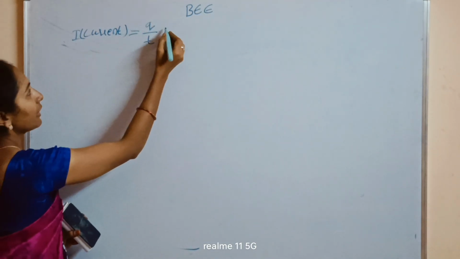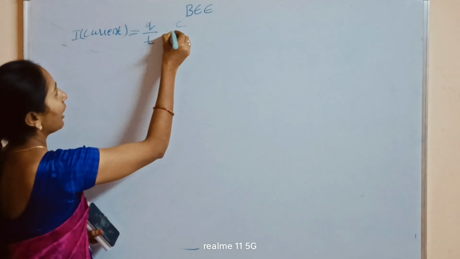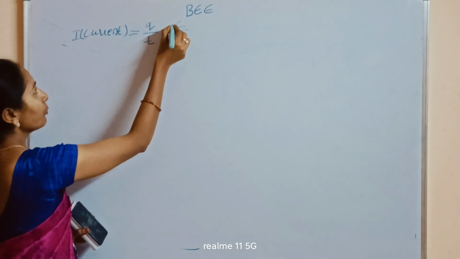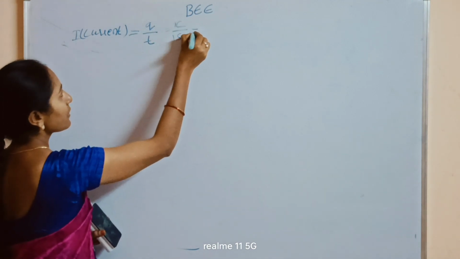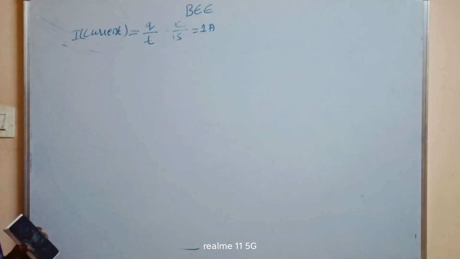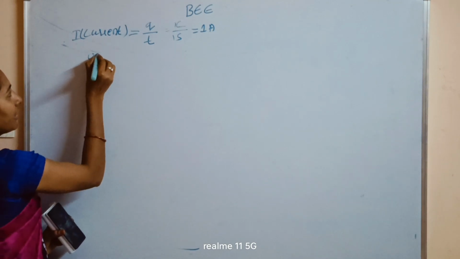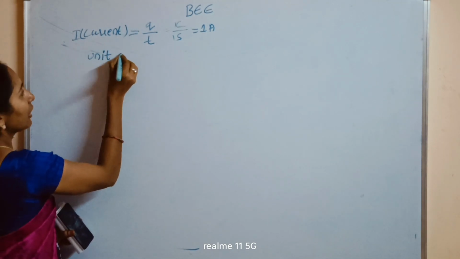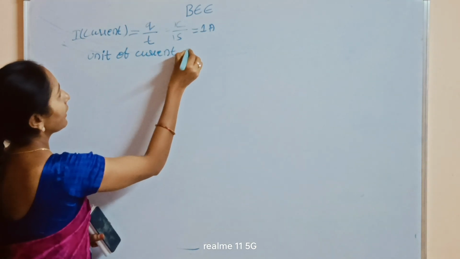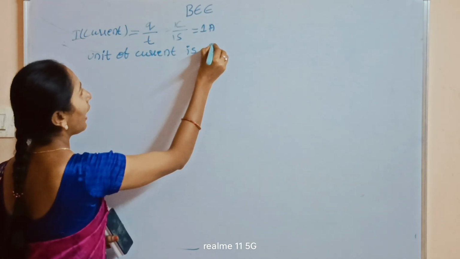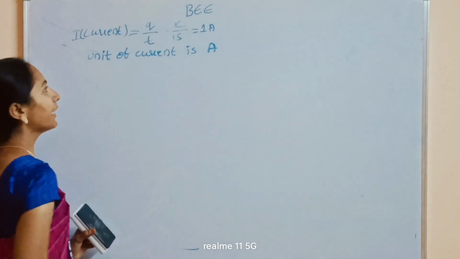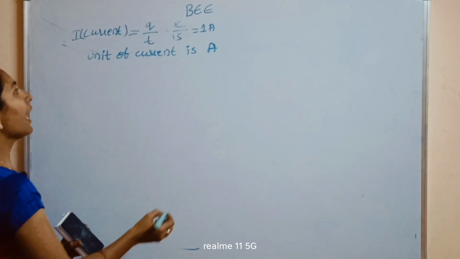Charge is coulomb and time is second. So 1 coulomb per 1 second gives 1 ampere of current. The unit of current is ampere, denoted with the letter A.